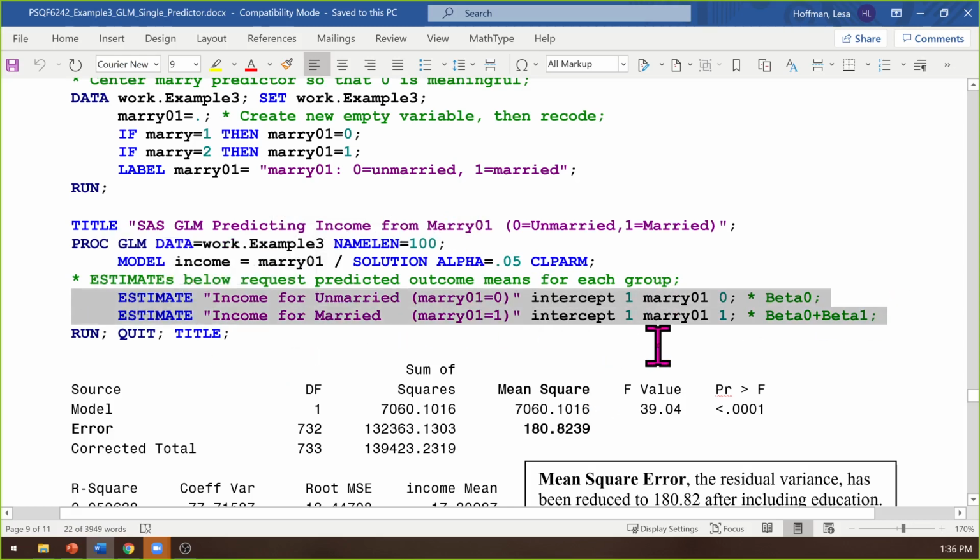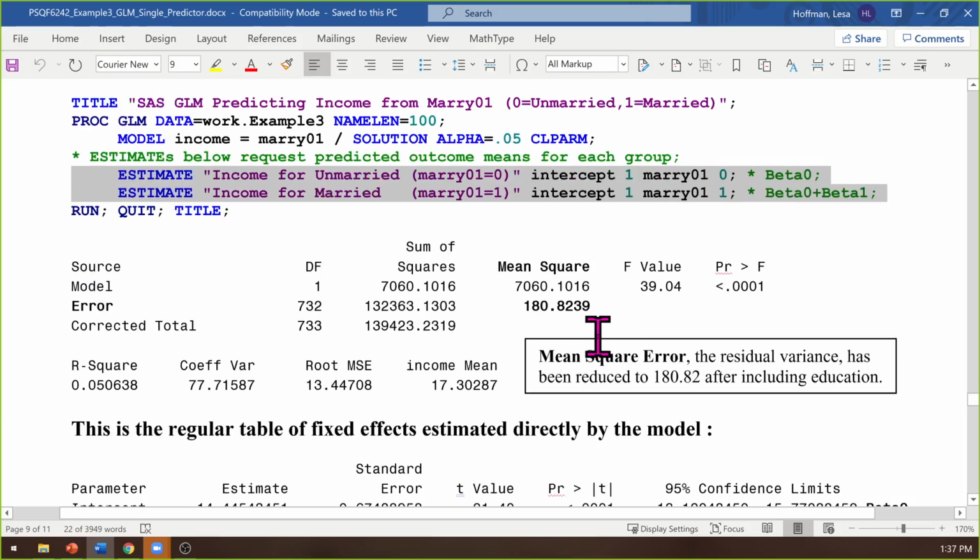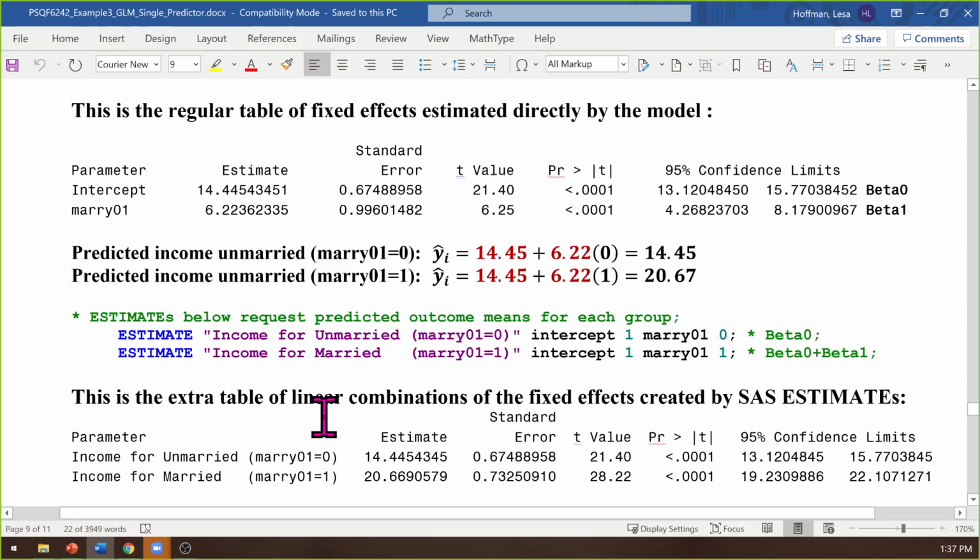So this is asking for the predicted mean for the 0 group in the first line, which is redundant but included again for pedagogy. It's the second line that needs to be here to get the predicted mean in the 1 group. That's a linear combination of the fixed intercept plus the fixed slope times 1 for that predictor. So then that additional output shows up down here.